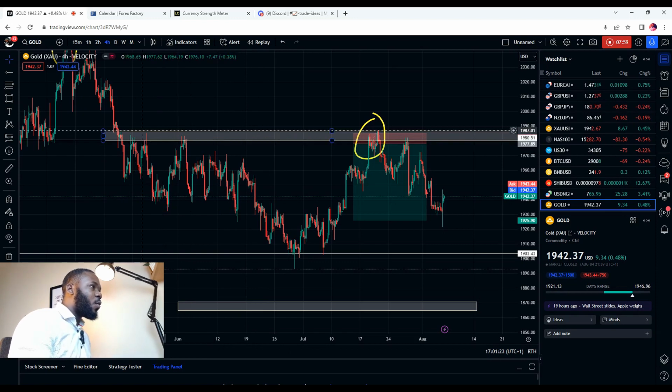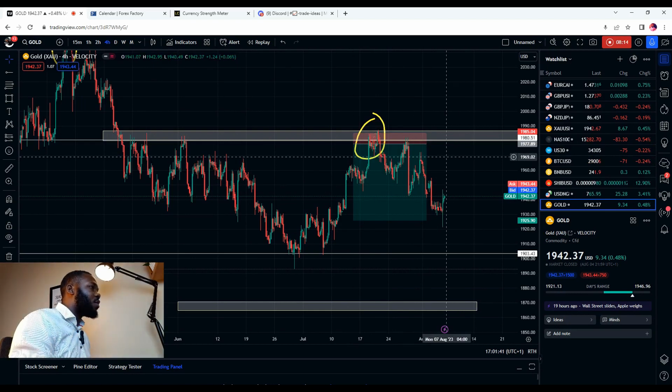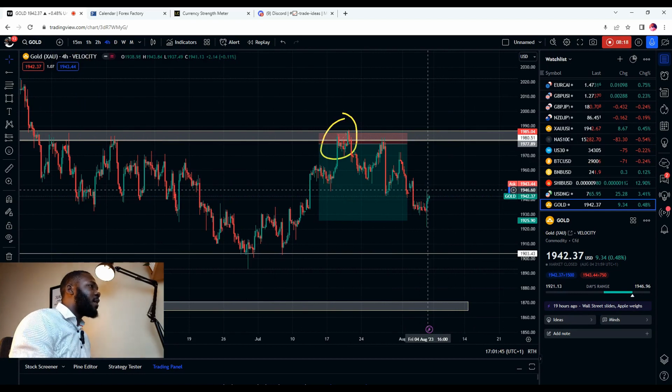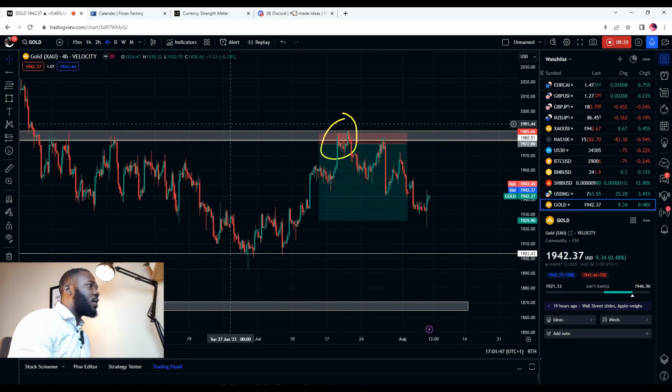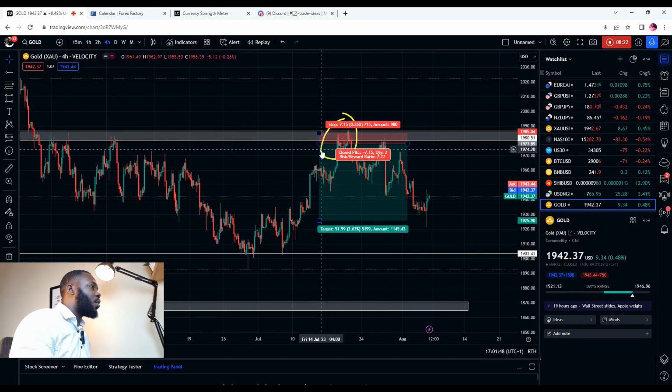So what I do is use my rectangular tool to identify the full support and full resistance zones, even though the market makes wicks. Like you can see, it made a wick here, it made a wick here, and all that. So you can't just use a horizontal line. You have to use a rectangular tool to also identify the wicks and the correct zones of support and resistance.